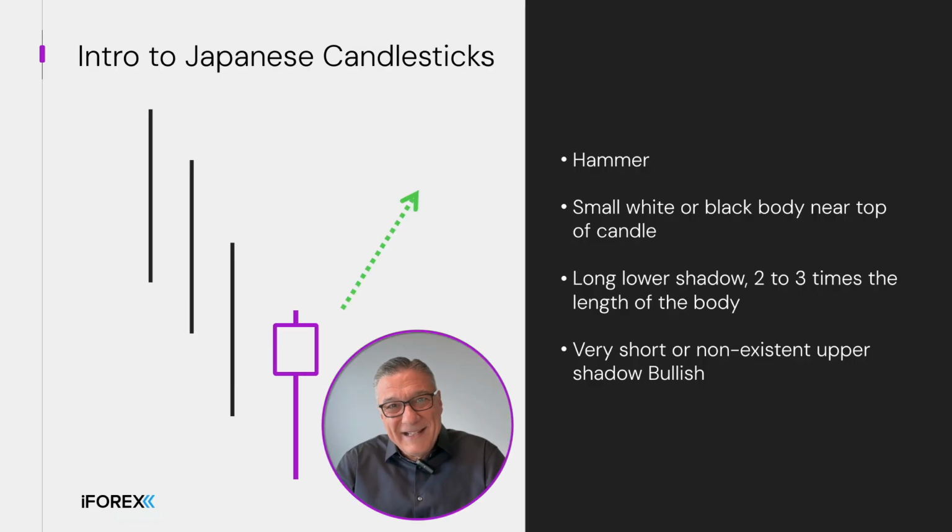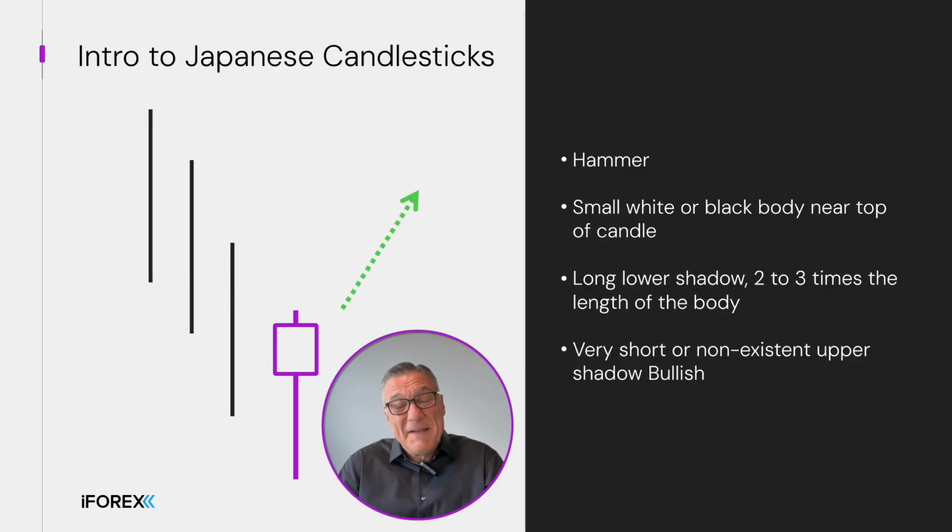The first candlestick pattern that we're going to discuss, that we are going to learn, is the hammer. The hammer is found at the end of the downtrend, at the end of a clear decline, right? And it consists of a small body. The color of the body doesn't matter. It might be either black or white, filled or empty, right?